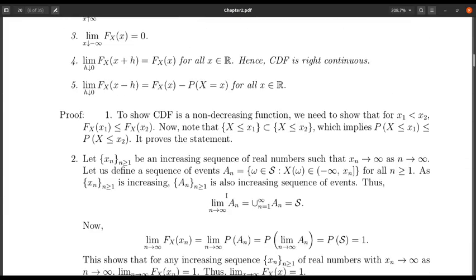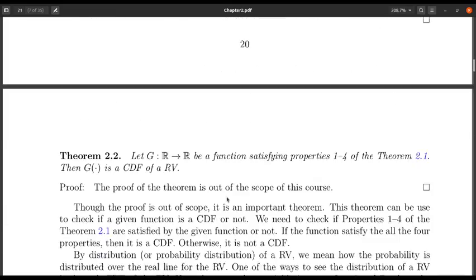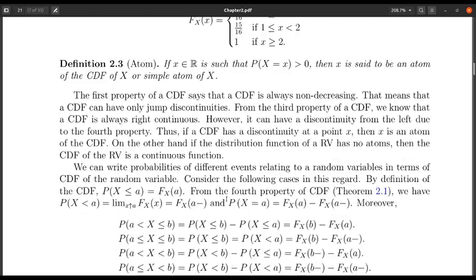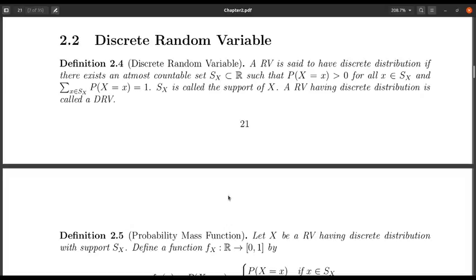Now let us talk about the exact definition of a discrete random variable. It says that a random variable is said to have a discrete distribution if there exists an at most countable set Sx, which is a subset of R, such that the probability that x equals x is strictly greater than 0 for all x belonging to Sx, and the summation of the probability that x equals x is 1.